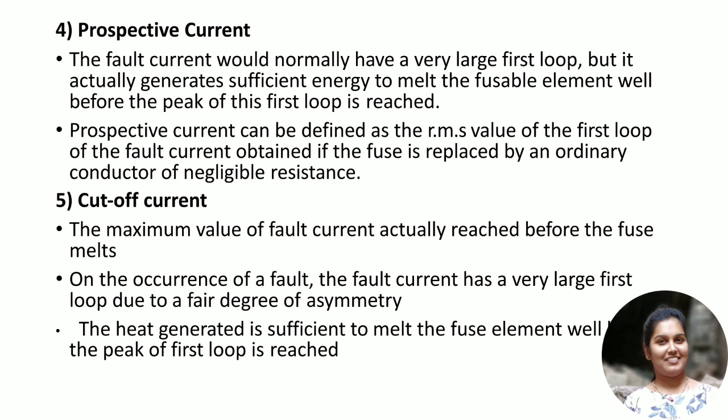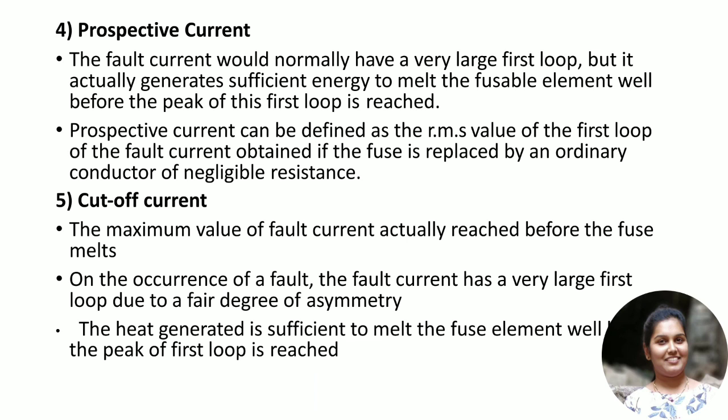Okay, the prospective current is nothing but when a faulty current which occurs will generally have a very large loop. Even that large loop is not necessary, but a small amount of that current in that loop is sufficient enough to melt the fuse.